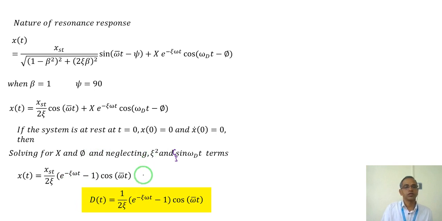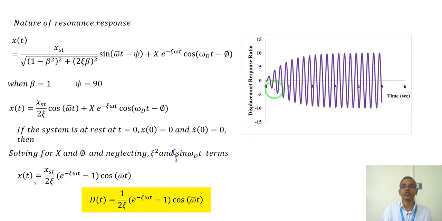So the resonance response in terms of time, with xst brought to this side, x of t by xst, we call d of t, the ratio of the dynamic amplitude to the static: 1 by 2 xi times (e to the power minus xi omega t, minus 1) cos omega bar t. If you plot this response with time, what we observe is this.